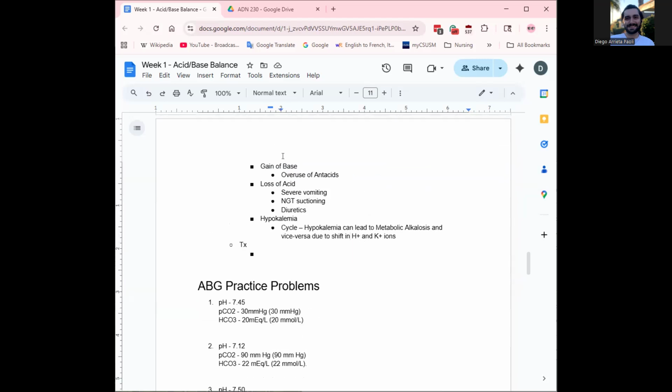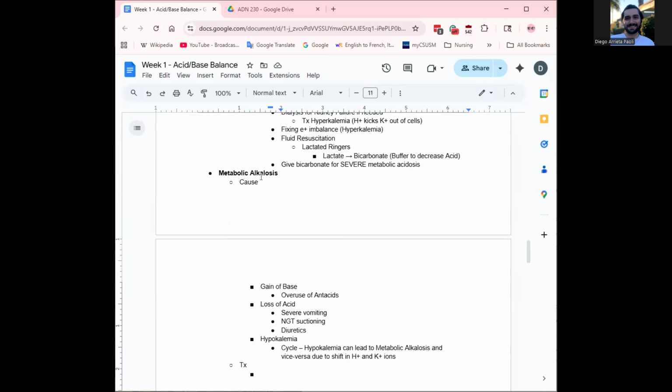Here you have the potassium kicking out the H plus, or you're already alkalotic and that leads to more potassium going into the cells, which therefore decreases the potassium in the blood. So it's a cycle. But very typically, you'll have hypokalemia with the alkalotics and hyperkalemia with the acidotics.